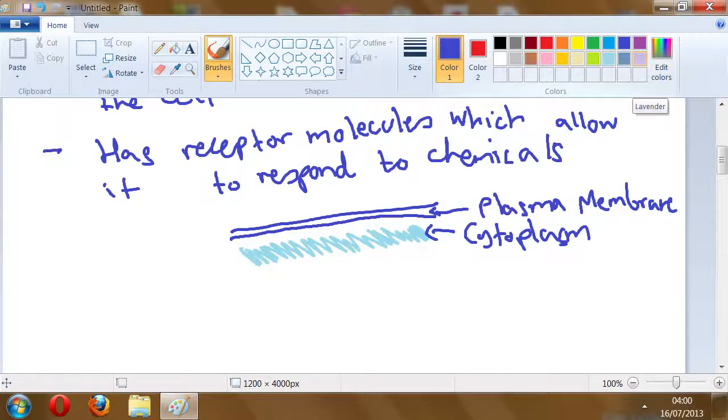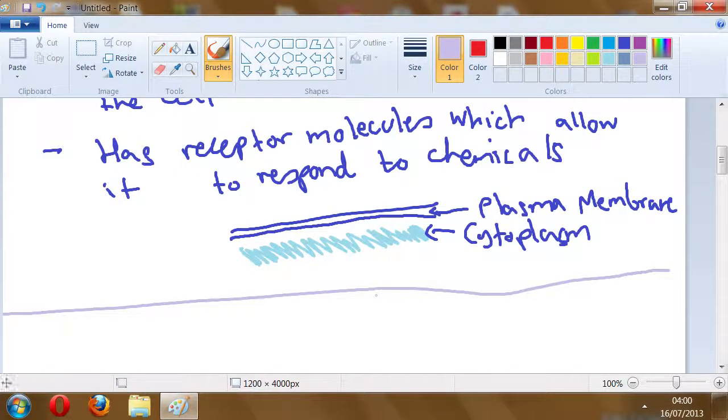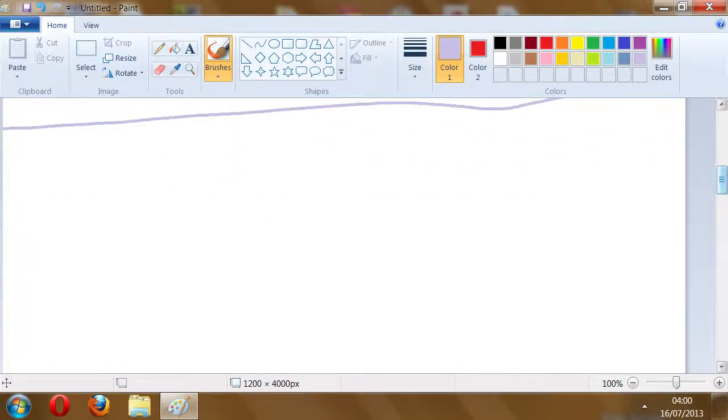So we use this colour. Okay, so there's a plasma membrane. I think I might actually get to the end of the page on one of these ones. Alright, so the next one we're dealing with is the cell wall.